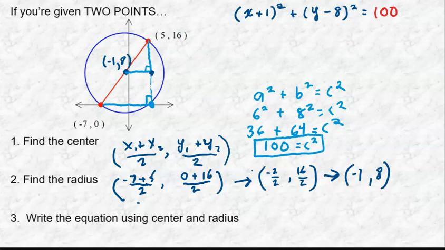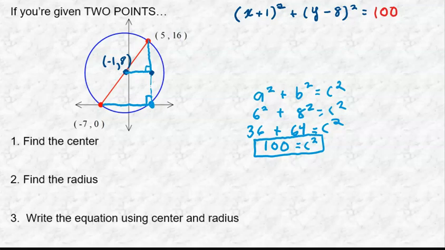Alright, one more thing on this example that I would like to show you. Okay, let's just say that I did not find the center first. I found the length of the diameter first. It is not a big deal, but there's a few things to be aware of. The distance from 5 to -7 is 12.